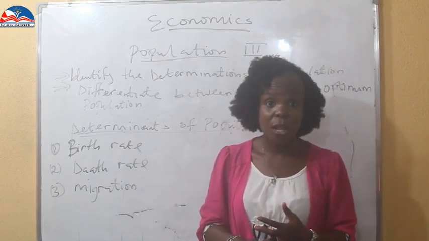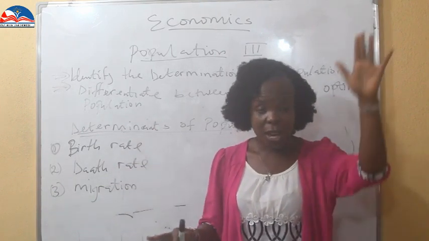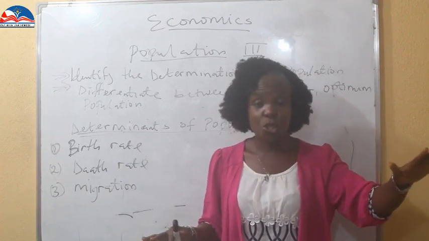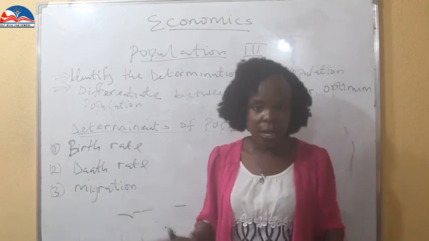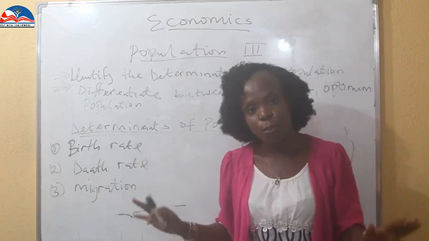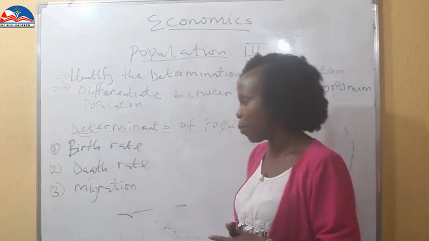The ones being born are not well taken care of. So at birth they die. So whether at adulthood or as children, they die more. The death rate is on the increase. The population will be affected because the population will be decreasing. That's another determinant of population.